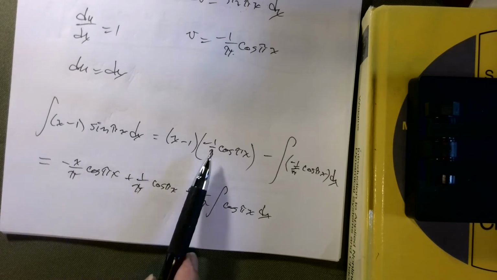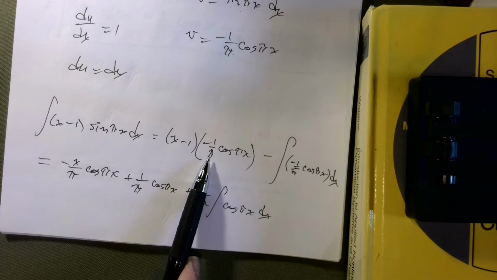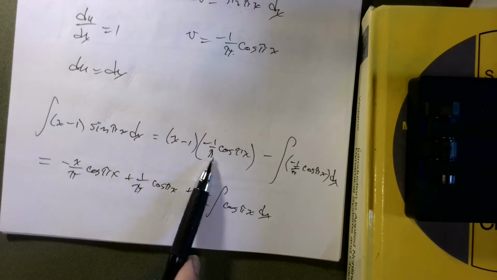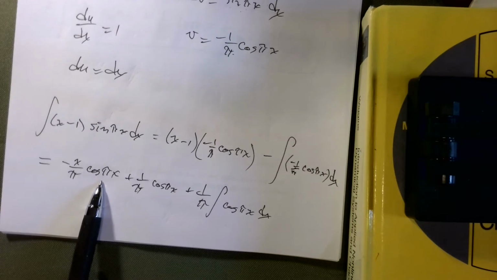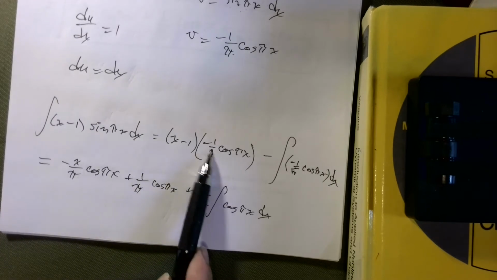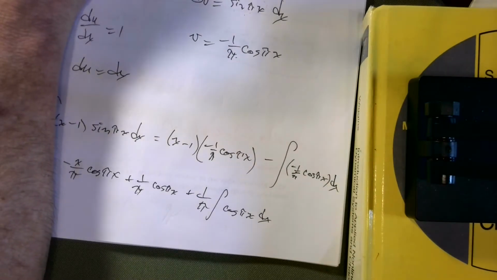So we can expand out. So I take x times this guy, and then negative 1 times negative. So we're going to get a negative x cosine. We're going to get plus, the negatives are going to cancel. And then the minus becomes a plus. And now we can integrate the cosine easily. That's what we're going to do next.